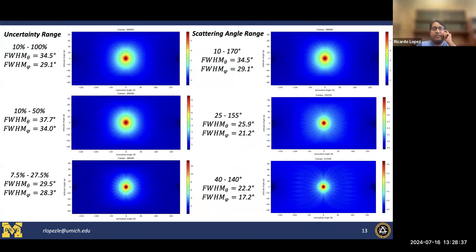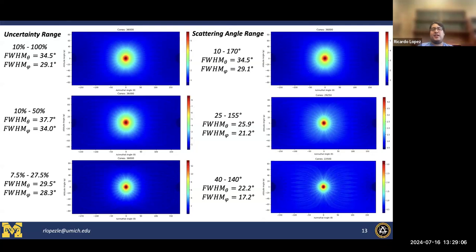And so to better illustrate the effects of the uncertainty and the scattering angles on the final images, here we have, again, a simulation of a couple thousand imageable events. And the corresponding full width half maxes represent, in this case, a rough metric for how well converged an image is with respect to the final converged location.